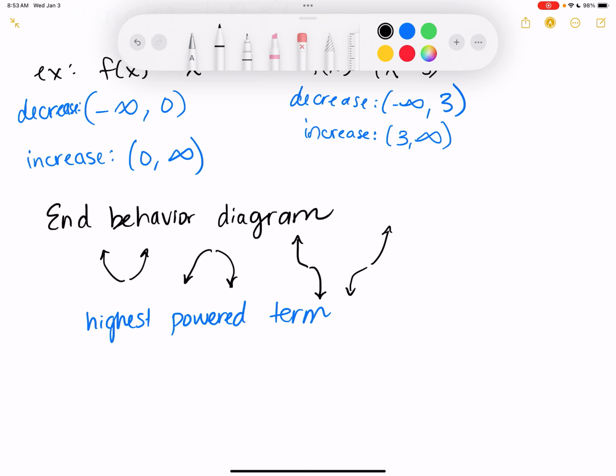So they give us problems. F of x is equal to negative x cubed minus 4x squared plus 2x minus 1. So all I care about is the highest power term.